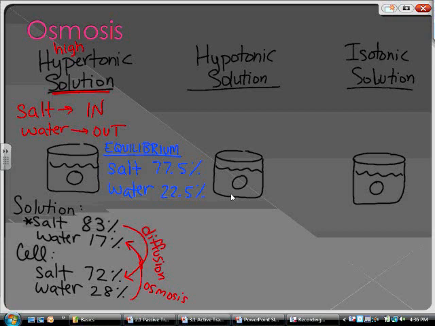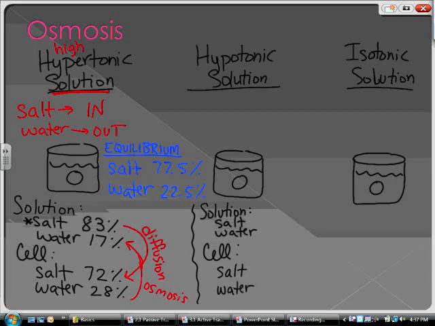So let's do the same idea for a hypotonic solution. We've got a solution, we've got a cell. We'll stick with salt and water. In this case, our solution should be low concentrated.